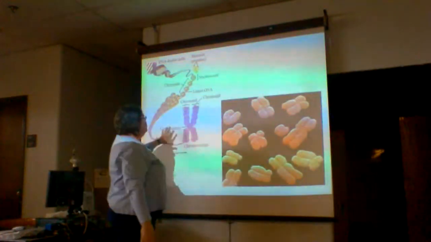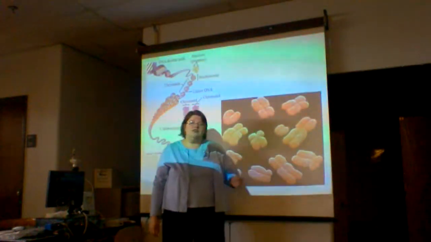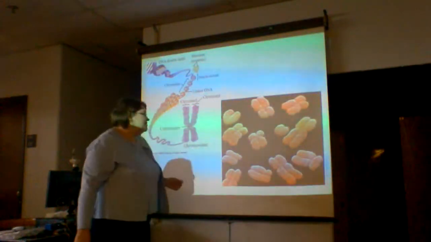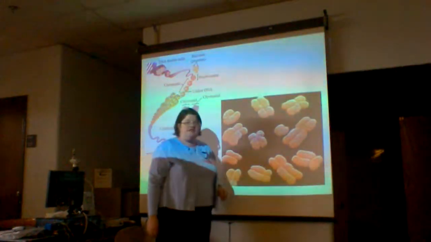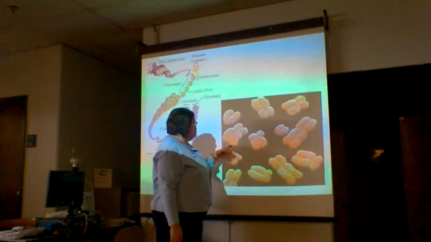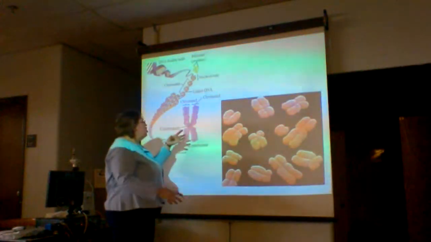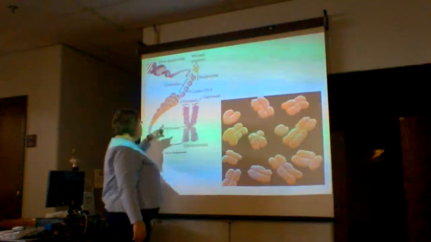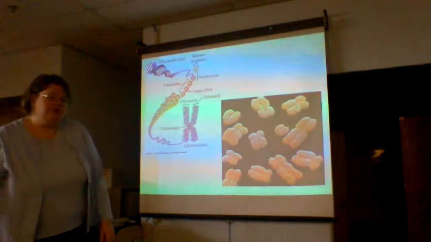Now this is kind of an artist's rendition. Is this really what it looks like in the cell? Yes, this is really what it looks like in the cell. This is a scanning electron micrograph of chromosomes in the nucleus of the cell. They look kind of furry and fluffy because it's DNA all wound around these proteins and wound up into these chromosomes.